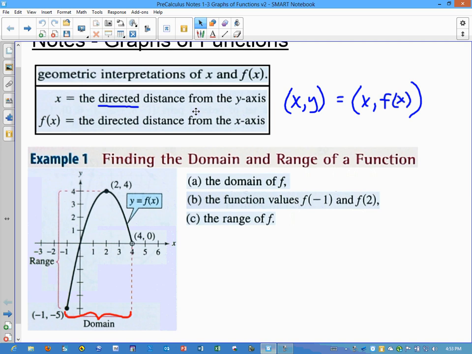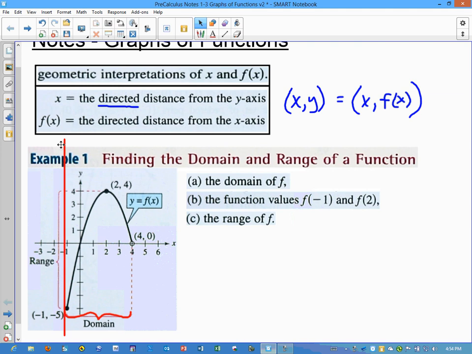So visually, and you can do this sort of in your mind, think of sweeping a vertical line across your graph. And notice that our graph does have a beginning and an end. It doesn't go off to infinity in both directions. But think about sweeping a vertical line across the graph.